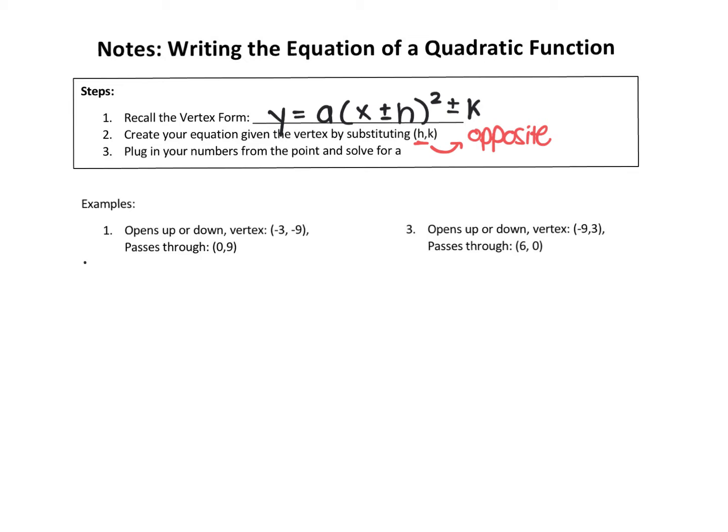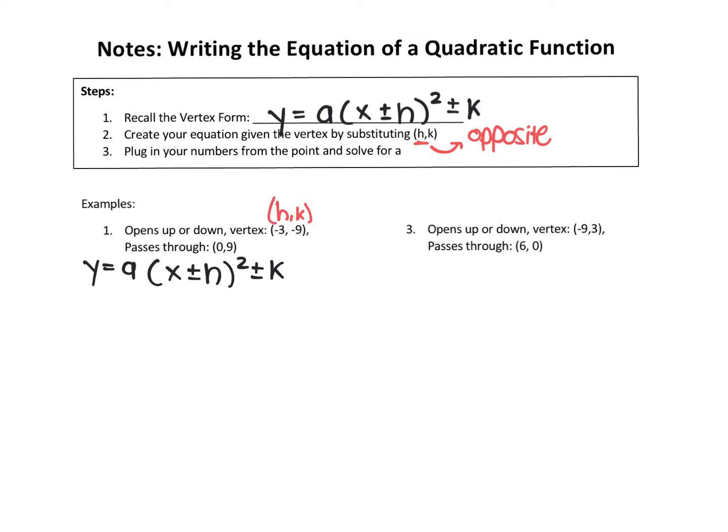On example 1, I'm just going to write the original equation: y equals a(x plus or minus h) squared plus or minus k. The next thing I'm going to do is plug in my vertex. So this is my vertex, this is h, this is k.